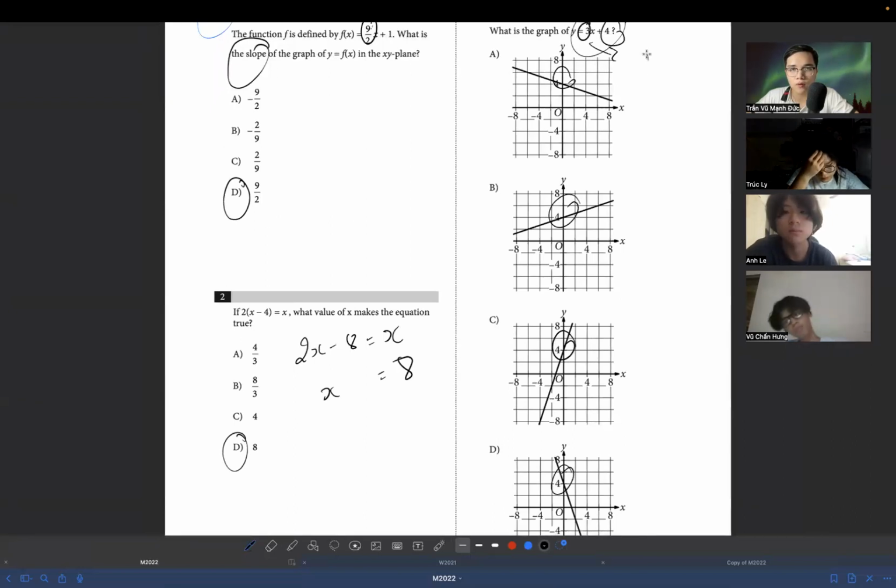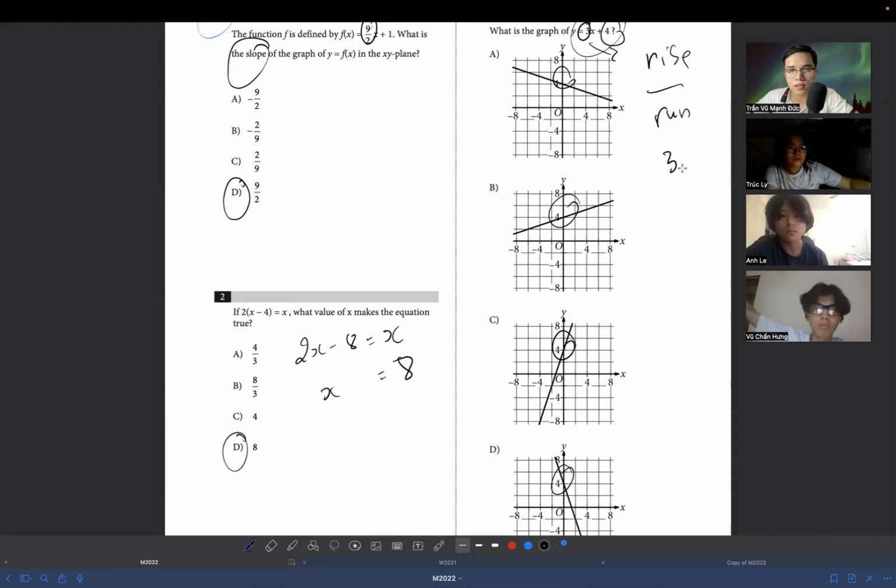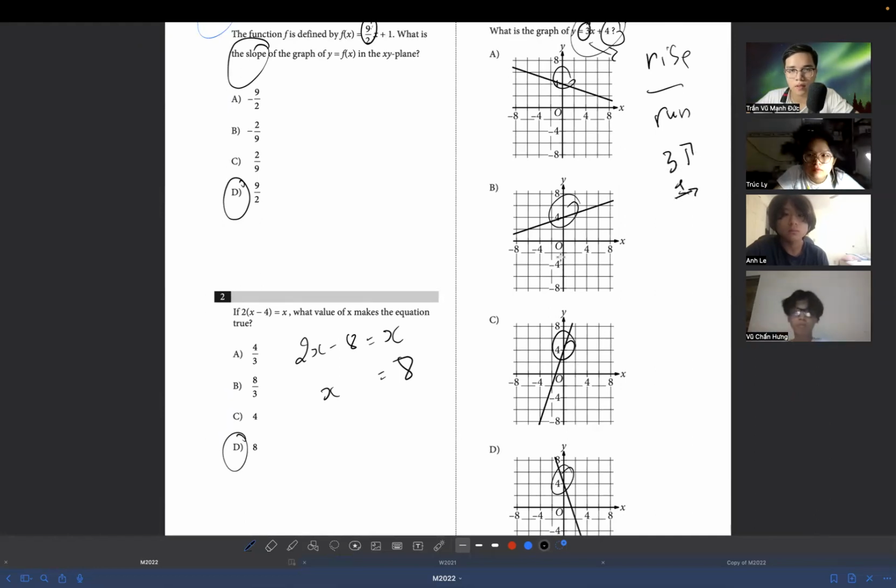And remember, rise over run, rise over run. Find an equation that goes up 3 units and goes to the right 1 unit. Let's see if C is correct. 1, 2, 3, 1. Exactly, it's C.